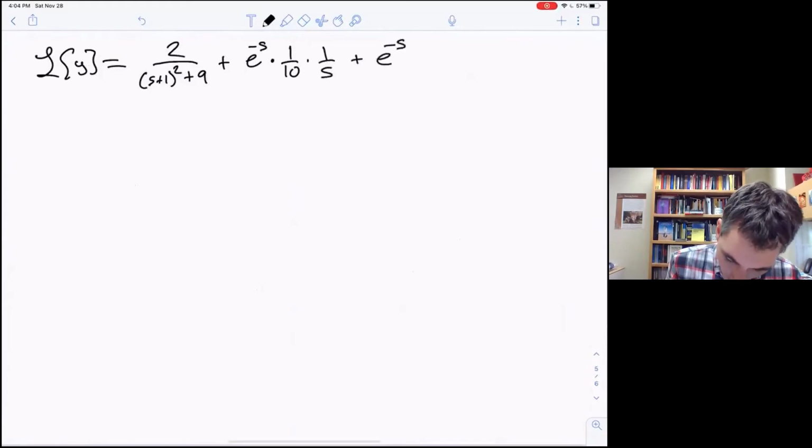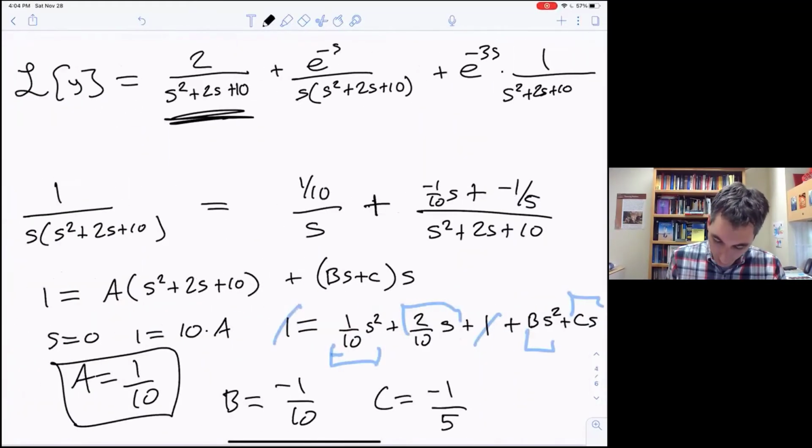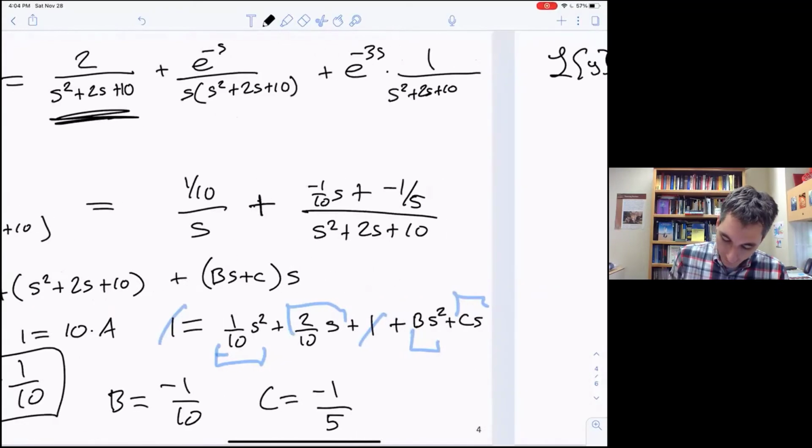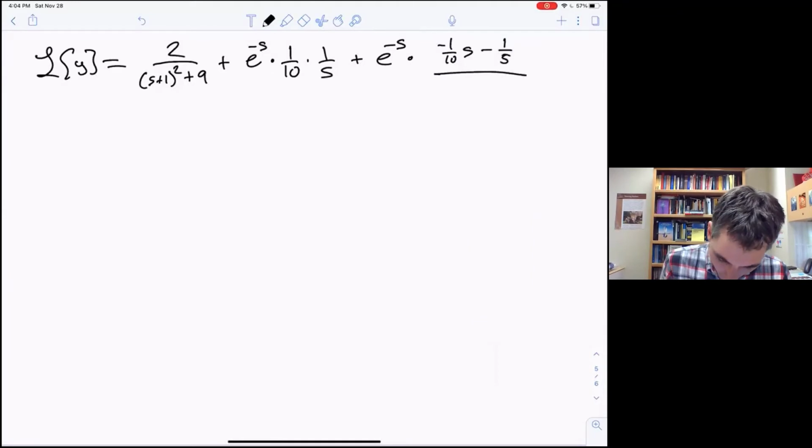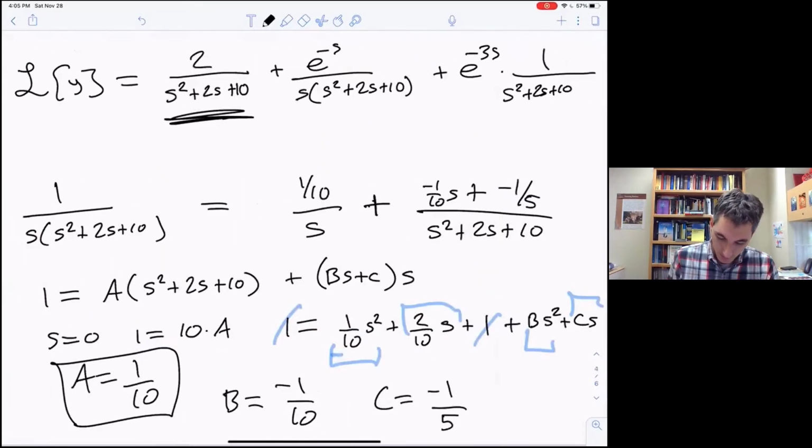And then e to the minus s times this second term, which will be (negative 1/10 s minus 1/5) all over (s+1)² + 9, right? That's what this term is here.